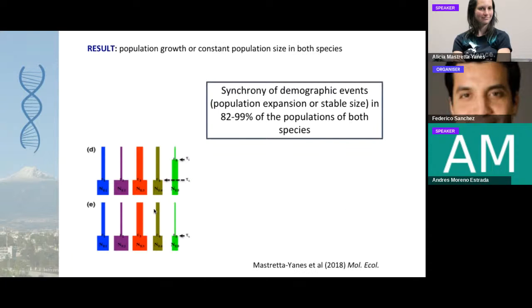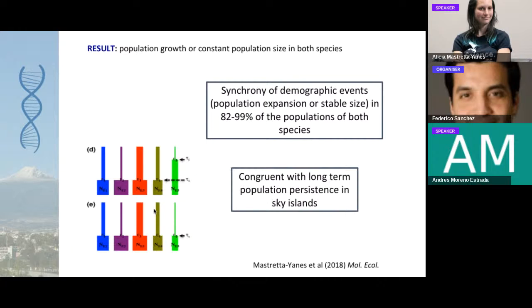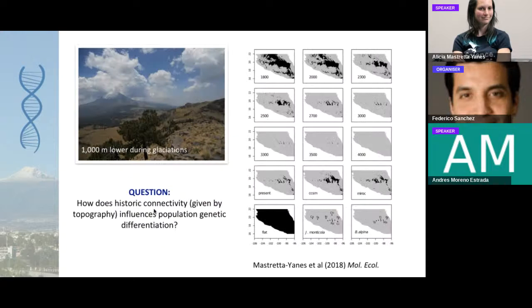We found that basically for all the populations of these two species, they have at the same time events of population expansion or stable population size. And this is congruent with our hypothesis of long-term population persistence in Sky Islands, that is, with populations surviving in the same mountains through the glacial cycles of the Pleistocene.